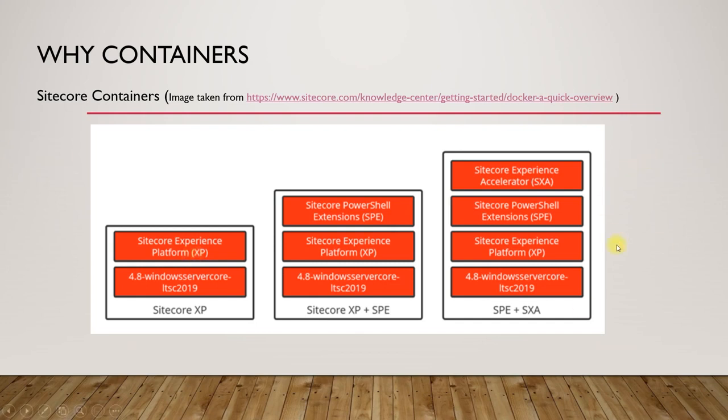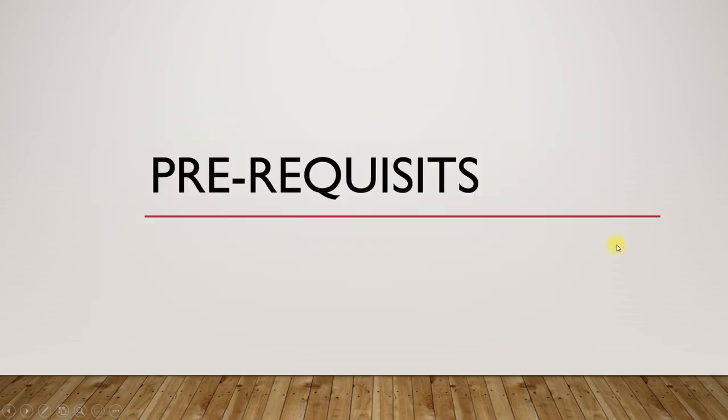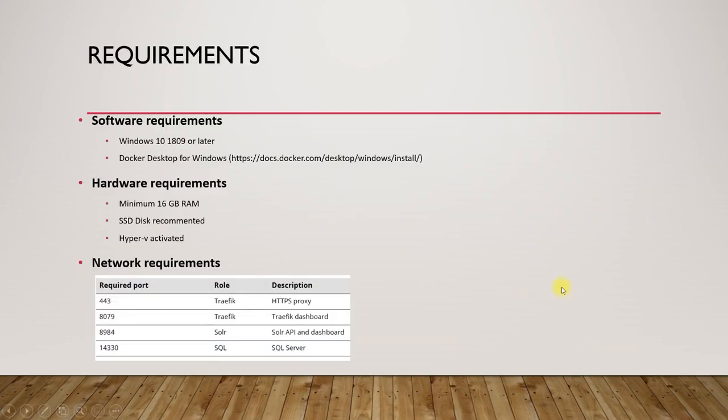Now, in order to port this to your local machine, you have to have certain prerequisites, which are software, hardware, and networking. For software, on your local machine, you need Windows 10, build 1809 or later, and a desktop for Windows.